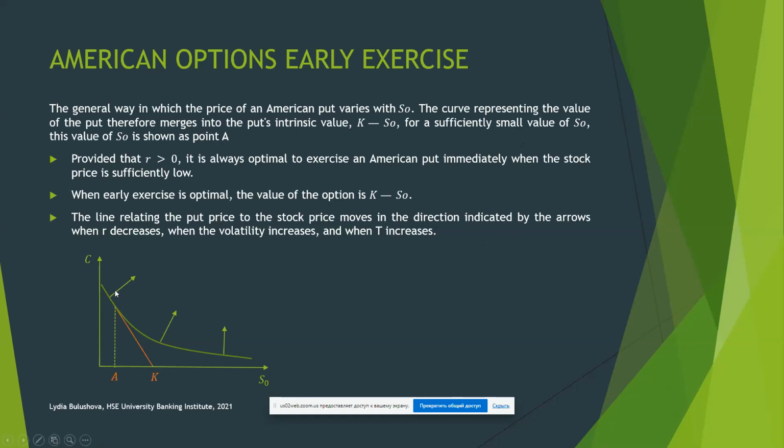Early exercise is optimal when the value of the option is K minus S of 0. So as the price of an underlying asset gets closer to 0, the more profitable it is to exercise a put option.